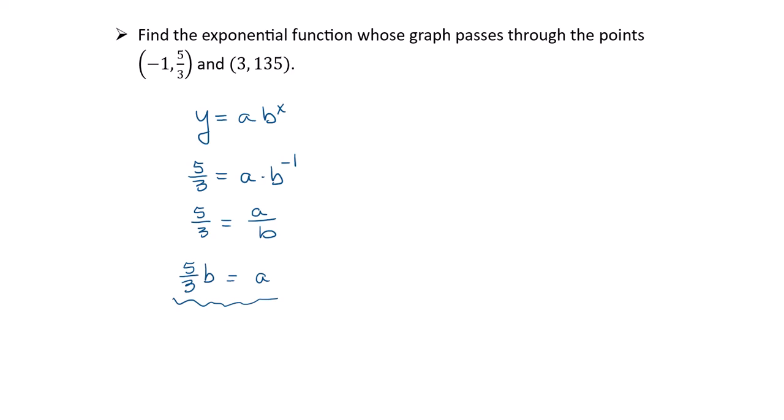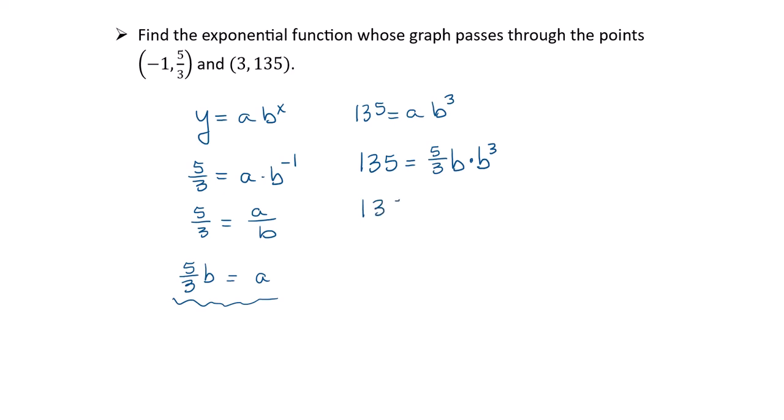Let's see if we can try this again. Y equals a b to the x, where we replace the x with 3 and we replace the y with 135. Now, I do know that a is 5/3 b, so let's substitute. 135 is a, which is 5/3 b, and still times another b cubed.